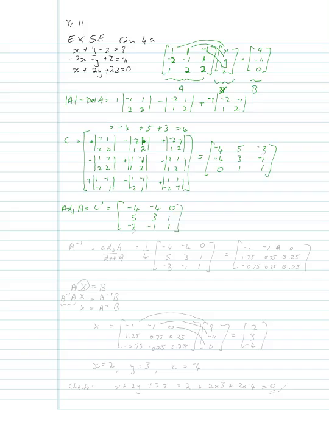Now to work out the inverse, the inverse is equal to the adjoint of A divided by the determinant of A. So my determinant was 4, so we get 1/4. And when I break that out, we end up getting 1/4 of -4 gives us -1, -1, 0. 5/4 is 1.25.